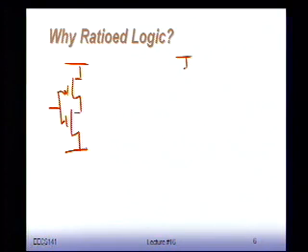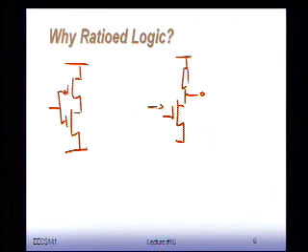I said, well, I can build a logic family by putting a resistor and an NMOS transistor, sorry, it's a perfect inverter. It inverts. And as you can see from an input capacitance perspective, I don't see a PMOS anymore. I only see an NMOS transistor. Which makes me already believe that from a logical effort perspective, from a performance perspective, this is going to be a better logic family.